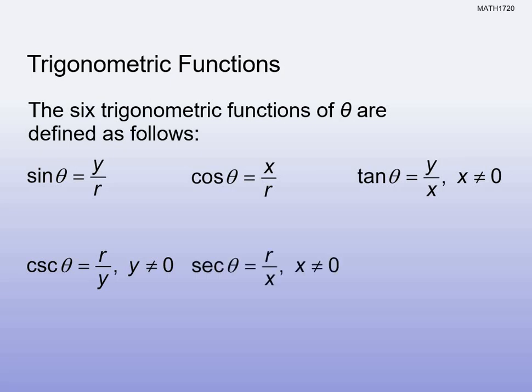Cosine also has an inverse. The inverse of cosine is secant. Notice it's just the cosine ratio flipped. It's our magnitude divided by our x component. So know that cosecant goes with sine and secant goes with cosine. And tangent goes with cotangent. The ratio for cotangent is just tangent inversed.